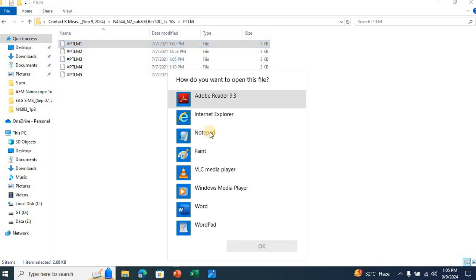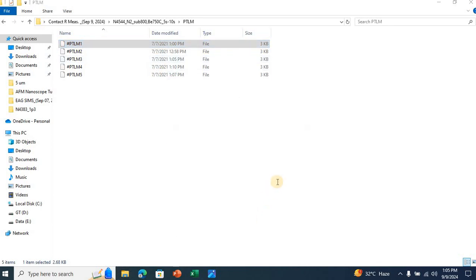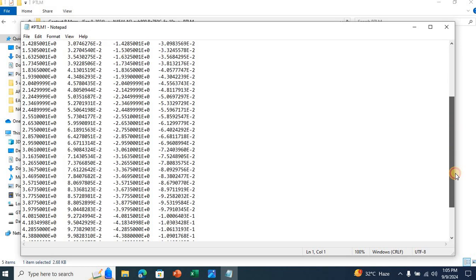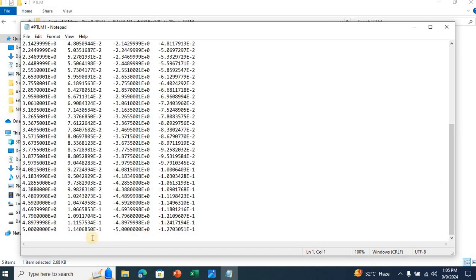So for example, I open this file, and if I focus on these values, at plus 5 volts my current is 1.14, and at minus 5 volts my current is minus 1.27. So the change in voltage from plus 5 to minus 5 is 10 volts, and the change in current is this one, 1.14 times 10 to the power minus 1, and this one, 1.27 times 10 to the power minus 1.